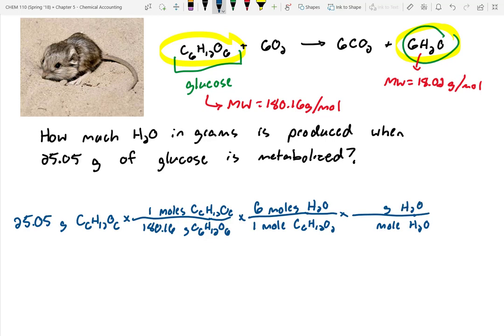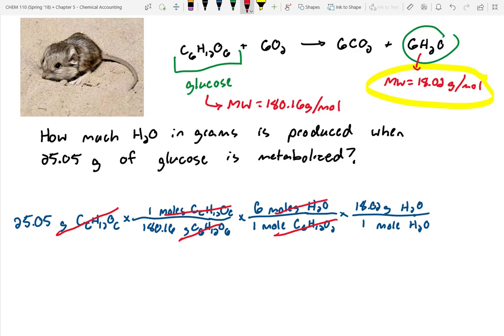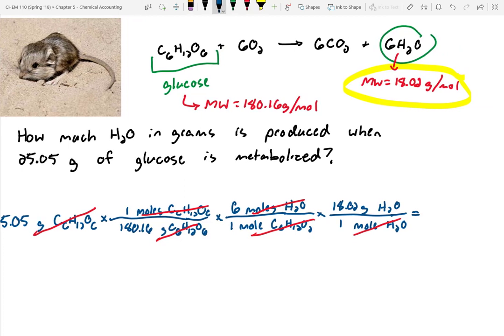The molar conversion we need is the molecular weight for water, which is 18.02 grams for every 1 mole. So now we double check our canceling. We're canceling out grams and grams, moles and moles, moles and moles, and we're left with grams of water, which the final answer I'm getting is 15.03 grams of water.